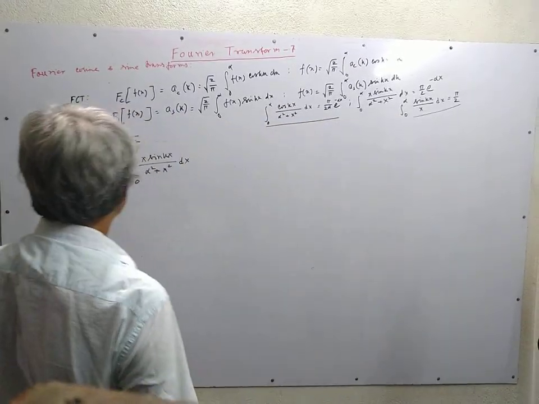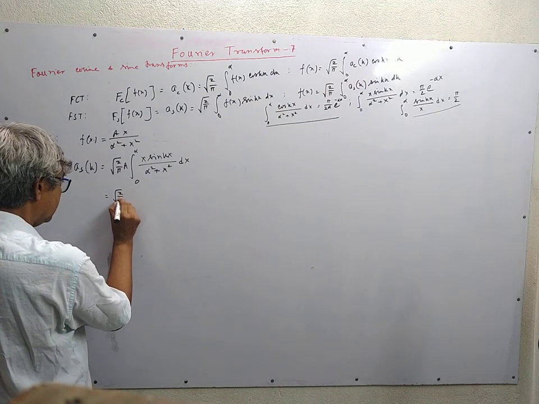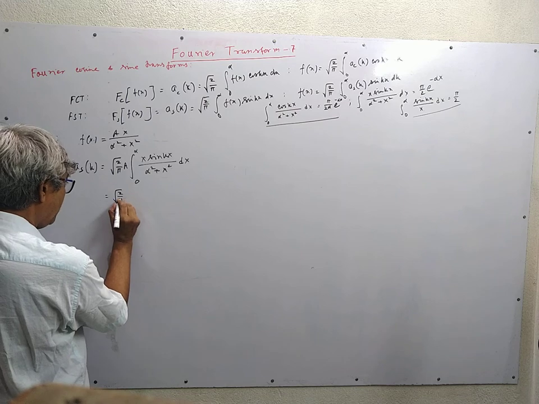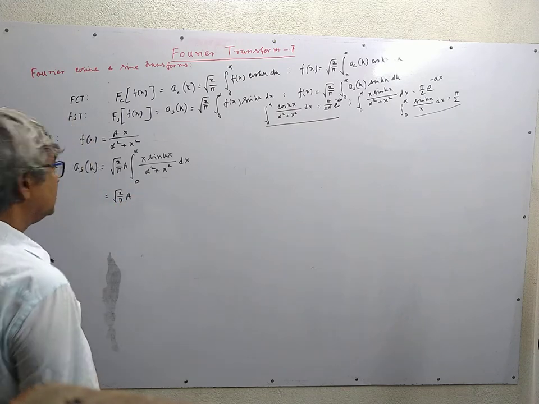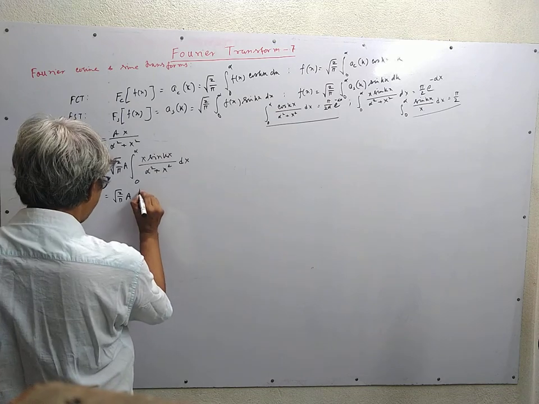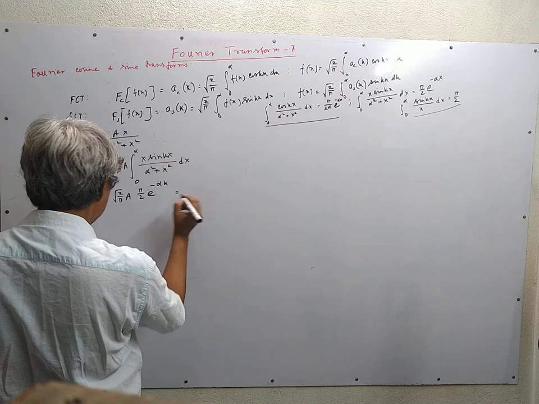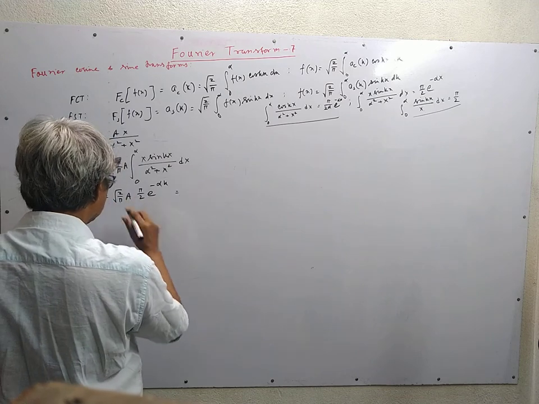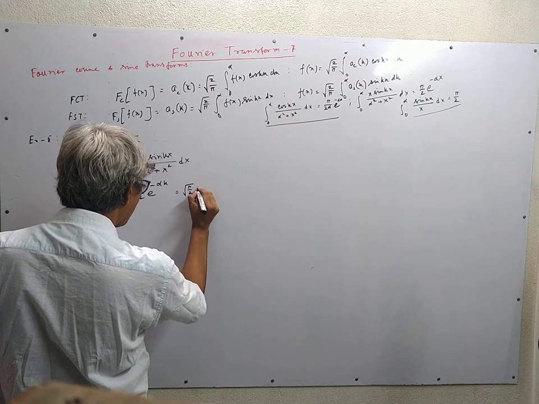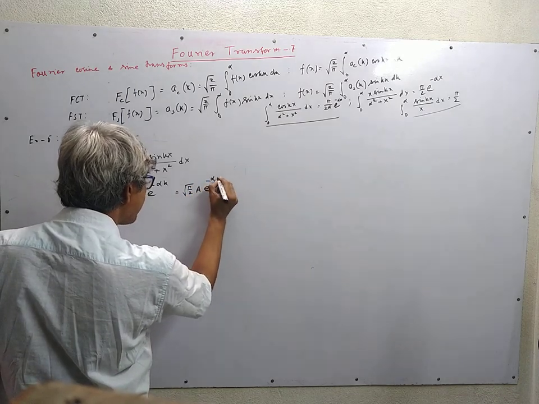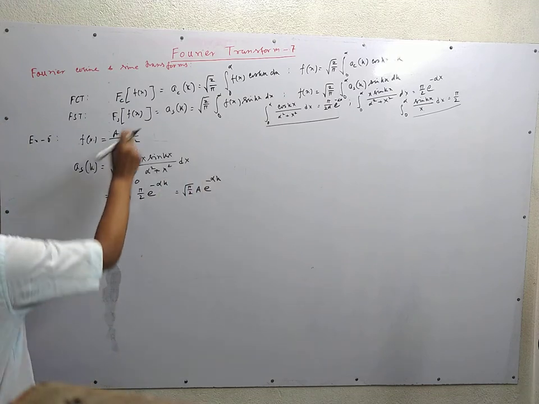The result is 2 by pi a, and it is pi by 2 e to the power minus alpha k. It goes off exponentially.